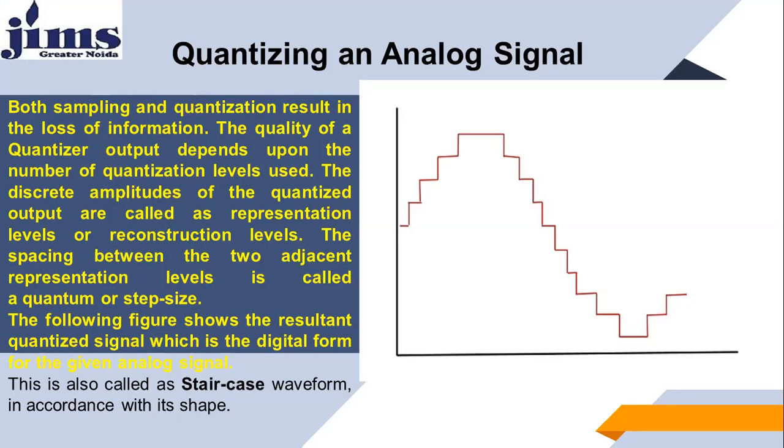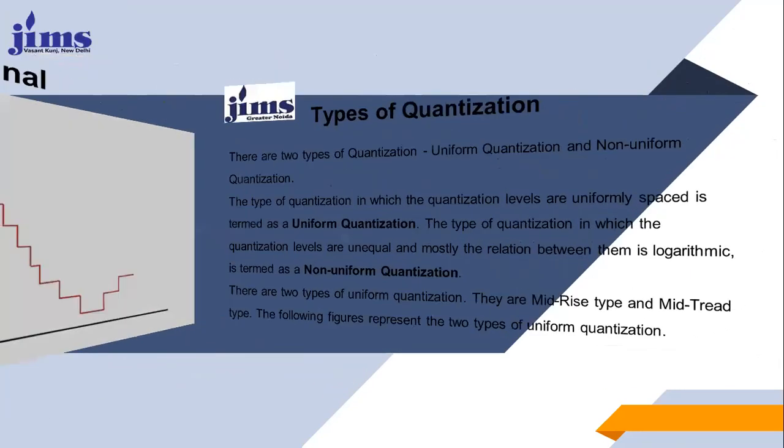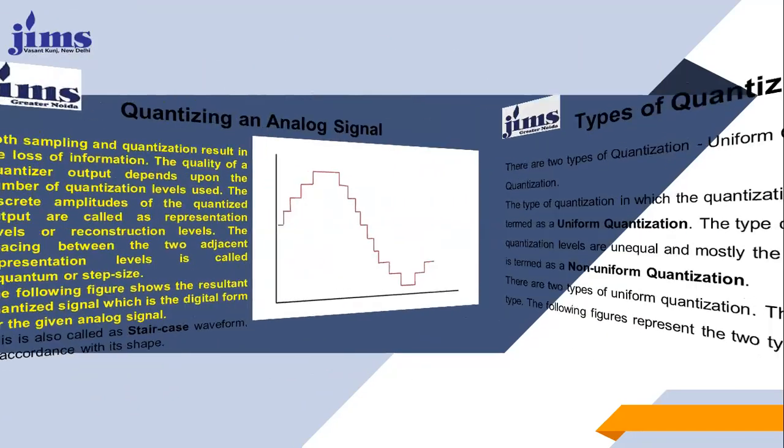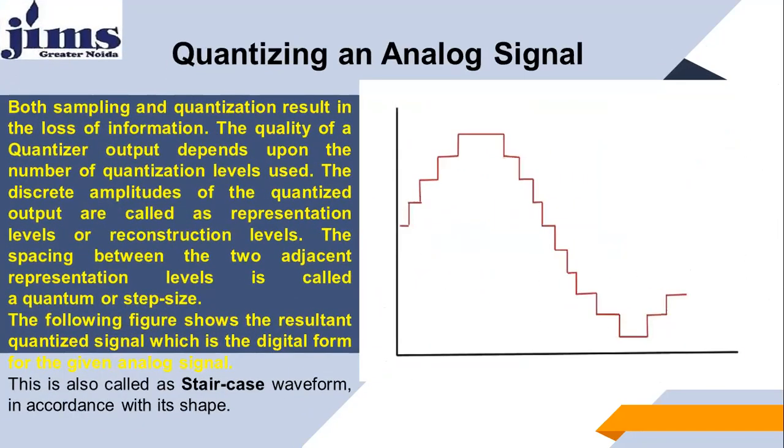So if you increase the step size, then you have to decrease the quantization levels. But when you decrease the quantization levels, you degrade the quality of the signal, right?